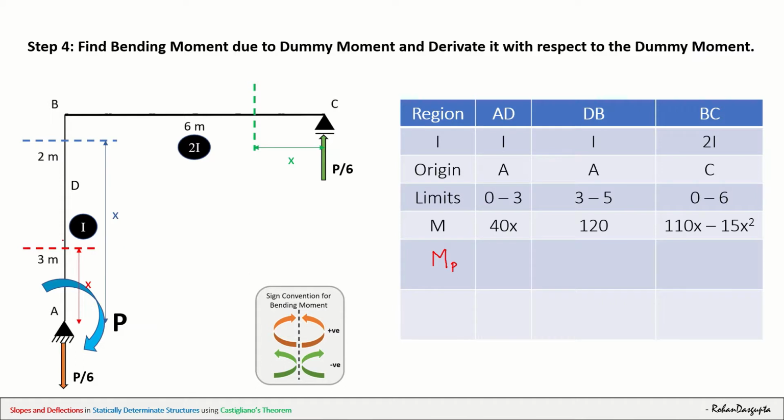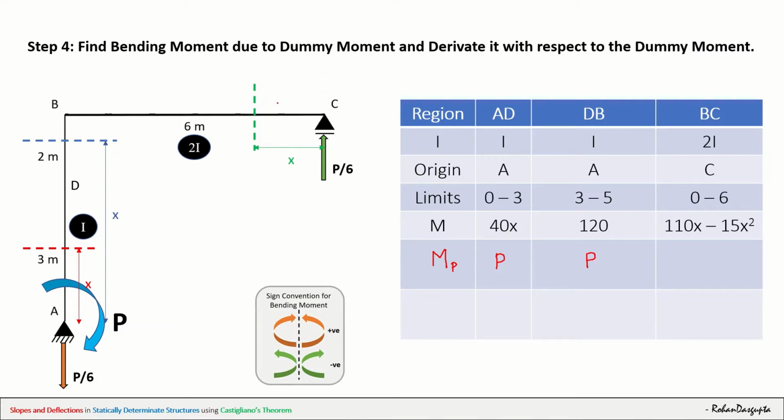Now let us first find out the bending moment in the section AD. If you see, we have a clockwise moment of P, and clockwise left of section is positive. So it will just be P. In between D and B there are no loads here, only again this clockwise moment P. So again, I will have P. Now let's come here at BC.